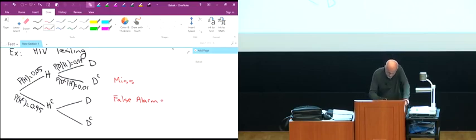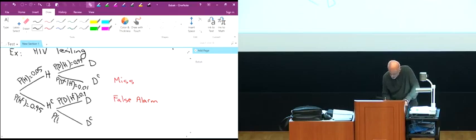Okay, so now the super-duper test has only a 10% false alarm rate. So the probability that an uninfected person will be declared as infected is 0.1.